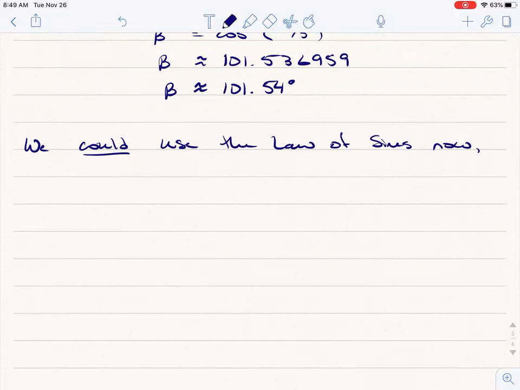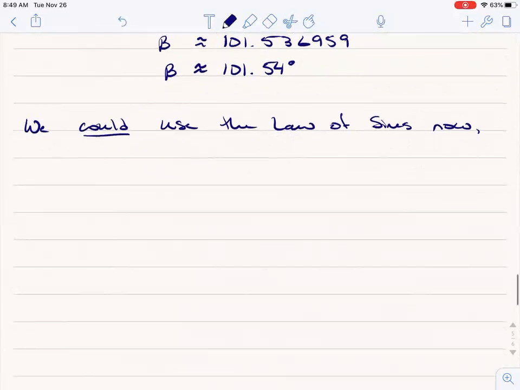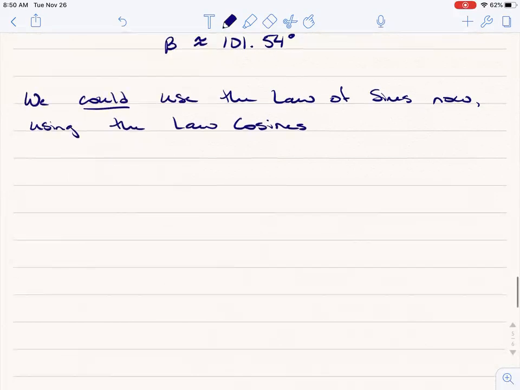I'm not 100% sure, but I wanted to practice the law of sines anyway. So here we go. Now we're going to stick to the law of cosines. You could use the law of sines, and that'd be totally fine, but it would be confusing. The law of cosines lets us use only given information.